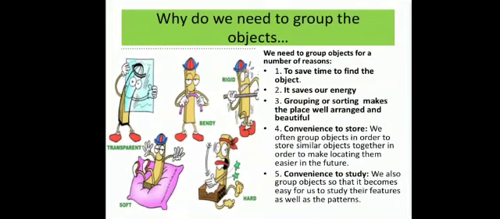Reasons: to save time to find the object, it saves our energy; for convenience to the store; and last, convenience to the study. It means that from knowing the properties of one member of that group, we can easily get an idea of the other members also.